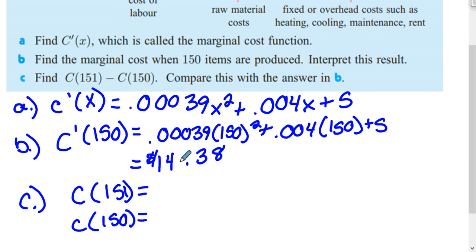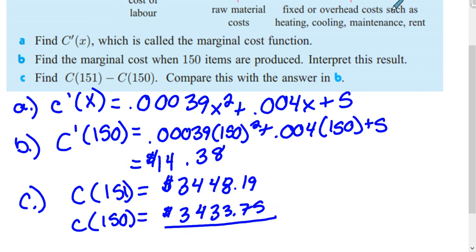So when you substitute in 151, check my math, but it should be $3,448.19. And when we produced 150, we got a cost of $3,433.75.